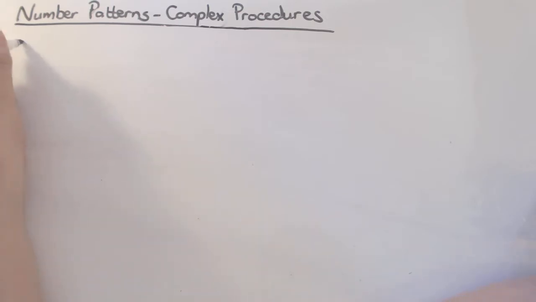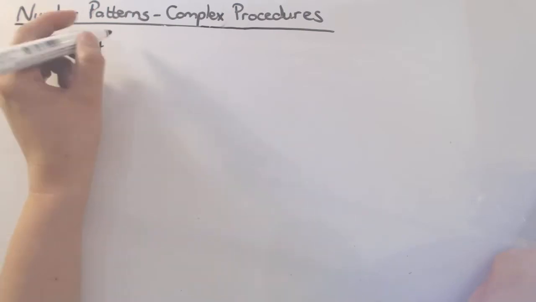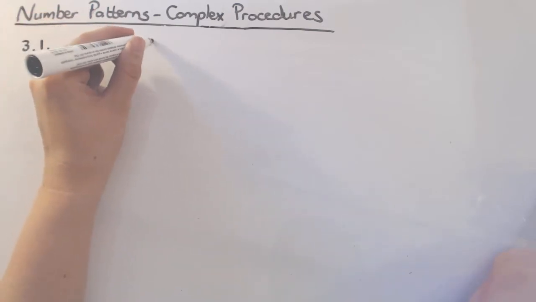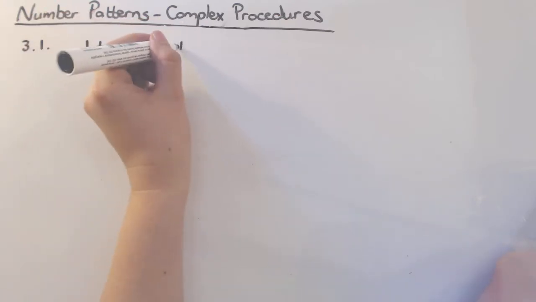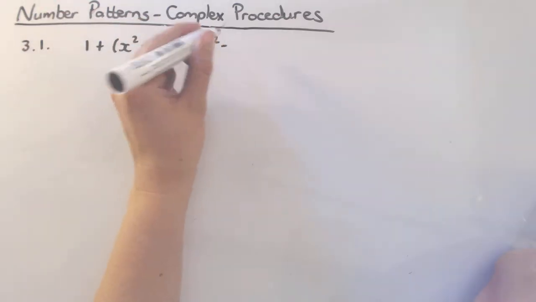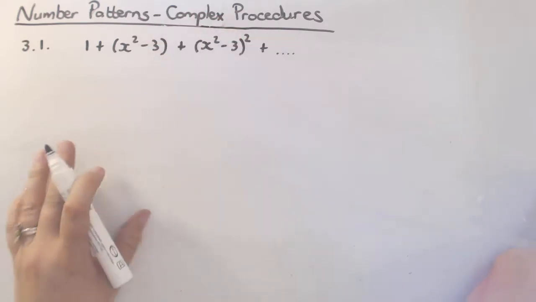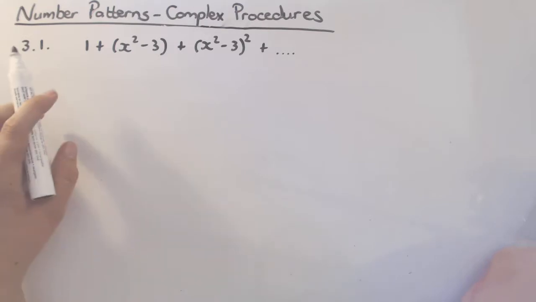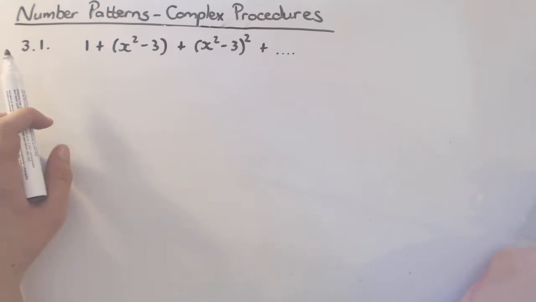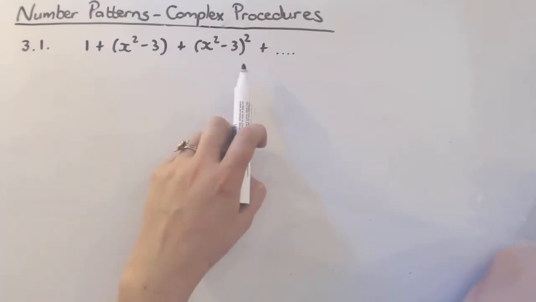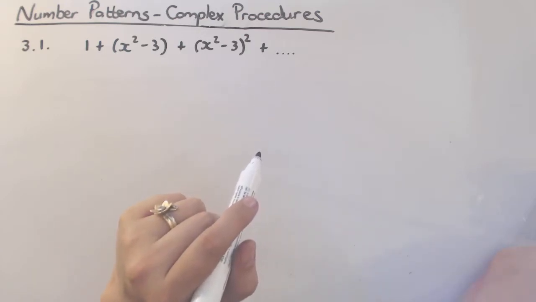It is 3.1 and 3.2. 3.1 is for 6 marks and 3.2 is for 3 marks. 3.1 says, let me just write down this pattern here first for you guys: x squared minus 3, squared, plus, looks like this. It says, for which values of x will the infinite geometric series be convergent?